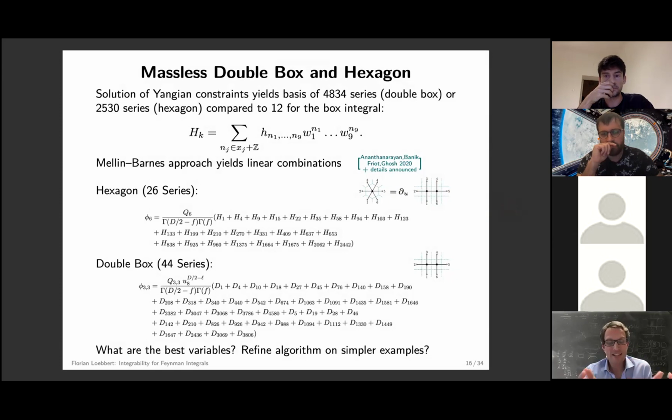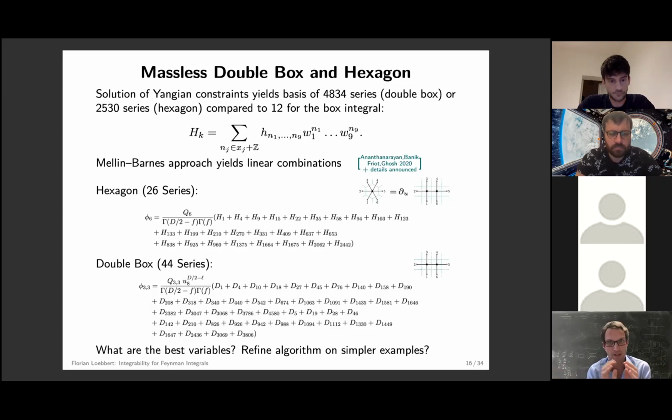And in fact, here we don't only find a basis of 4 solutions, or actually for the box, I haven't shown you this, you have 12 solutions if you go to different kinematic regimes. The 4 solutions I've shown you are in the regime where u and v, the conformal variables, are small, but you could also express it in terms of u over v and 1 over v. Then you have 4 different solutions.